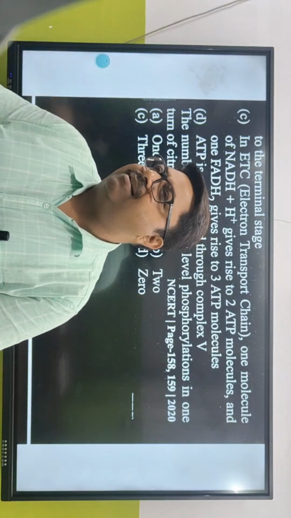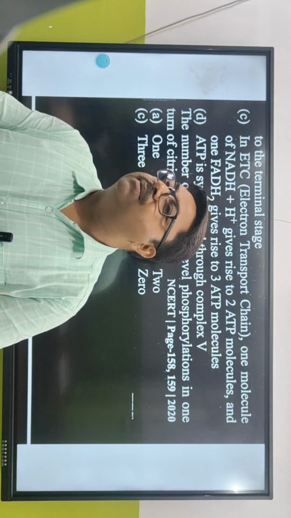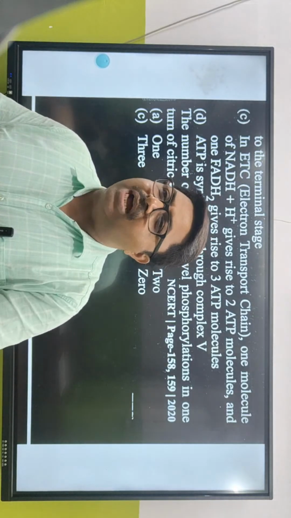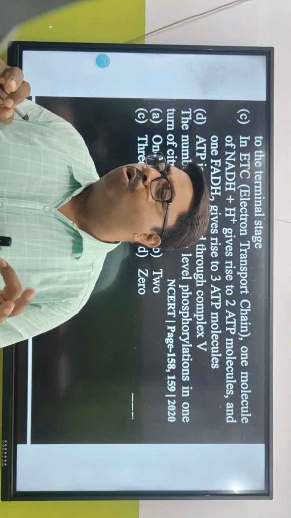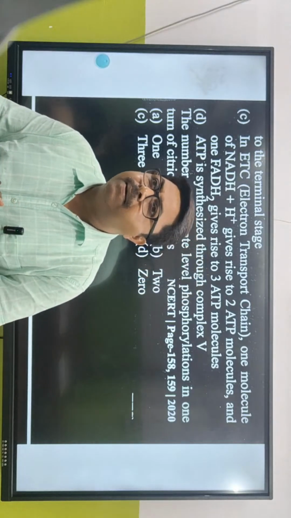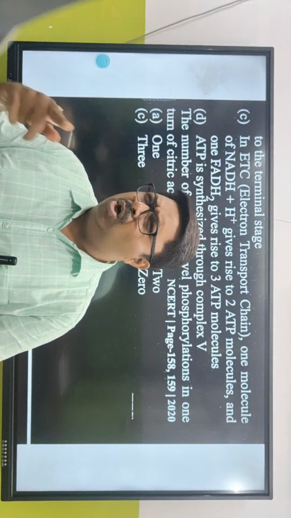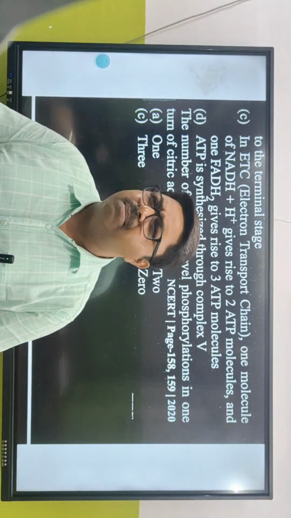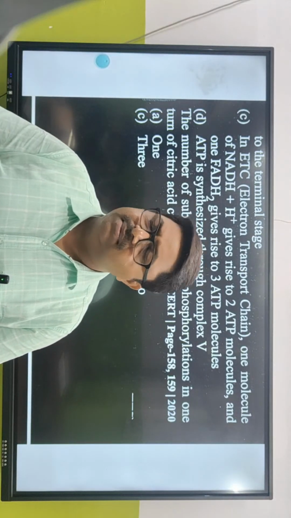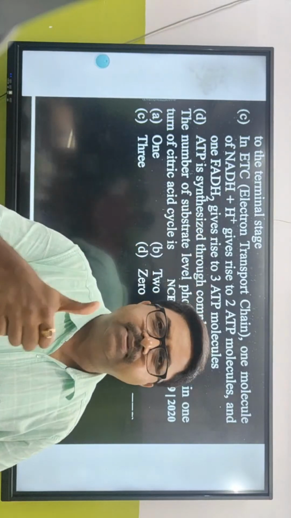Remind me next day, we are going to solve fermentation and HMP, and we are going to start with the electron transport system, the most important topic for this chapter. On Thursday we will complete it, and ETS on Saturday. All the best, that's it.